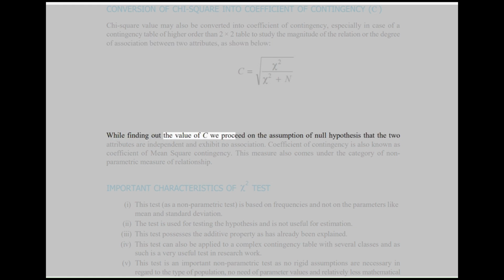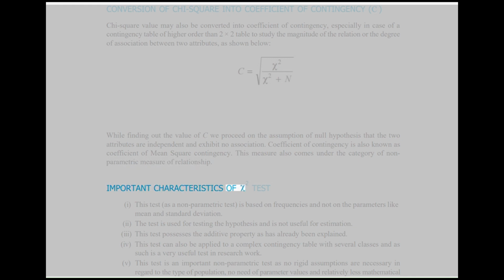While finding out the value of C, we proceed on the assumption of null hypothesis that the two attributes are independent and exhibit no association. Coefficient of contingency is also known as coefficient of mean square contingency. This measure also comes under the category of non-parametric measure of relationship.